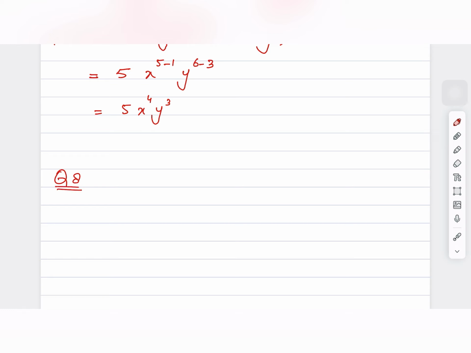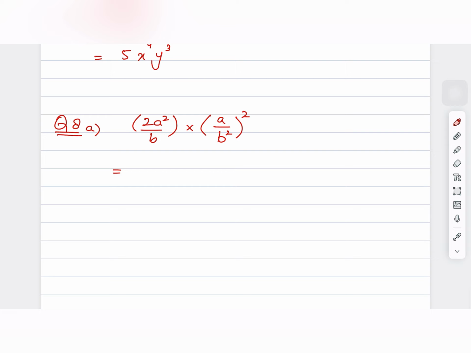Question number 8. A part. For example, if you have 2a squared over b and its whole power is 1 and multiply a over b squared whole power is 2. Now first of all, you will remove the parenthesis, and that is a squared over b power 4, because 2 multiplied by 2 is 4.